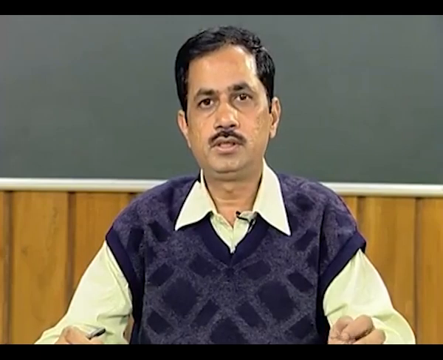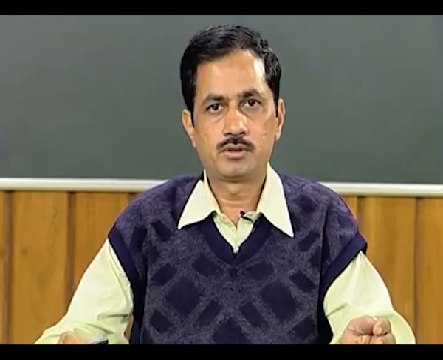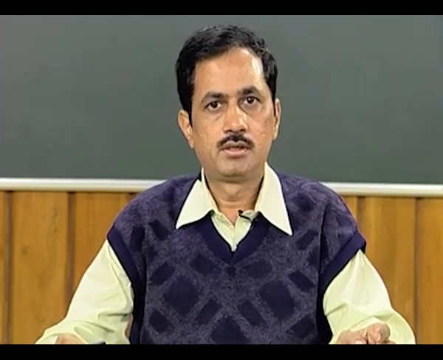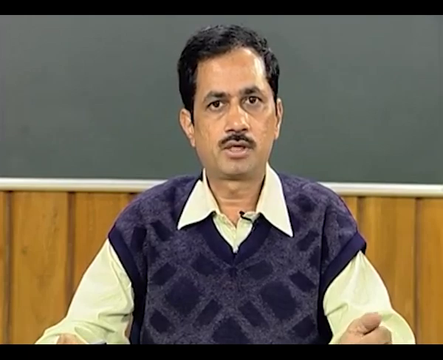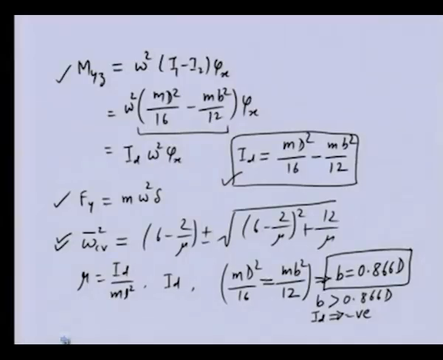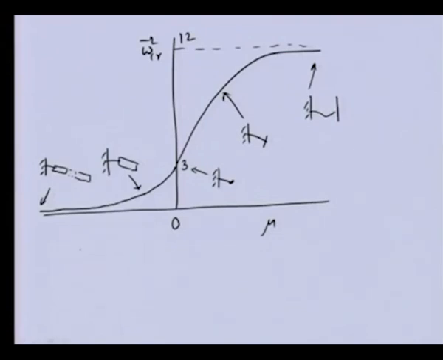Now, we will see from the non-dimensional critical speed parameter how we can get the critical speed. Earlier we defined the non-dimensional critical speed parameter like this. This is the critical speed, and ml square, L is the length of the shaft.